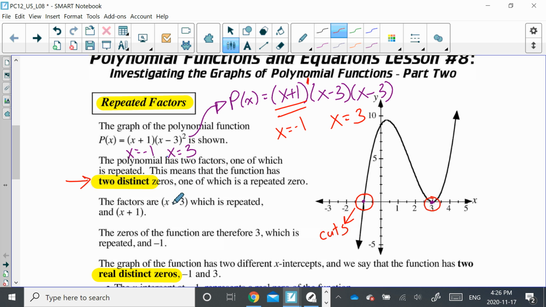These are the factors. This x minus 3 is repeated, and the other factor, x plus 1, was not repeated. So the zeros of the function are x equal to 3 and x equal to -1.